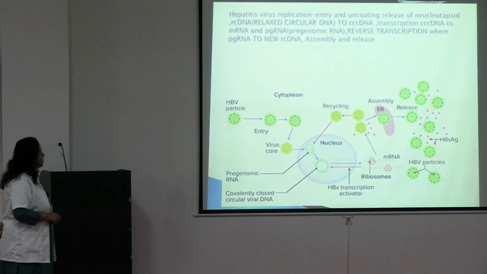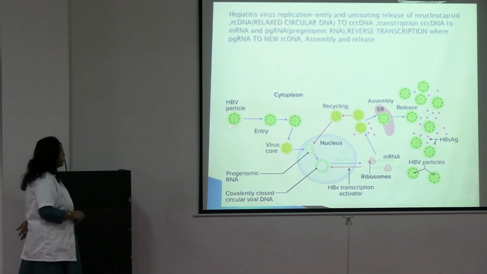So the story here, let us start. You know it is a DNA virus, right? First of all, you can see there is uncoating. The coat is here, but here the uncoating happens, and there is release of the rcDNA or relaxed circular DNA into the nucleus of the hepatocyte.